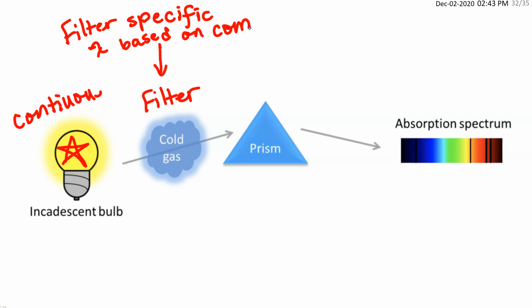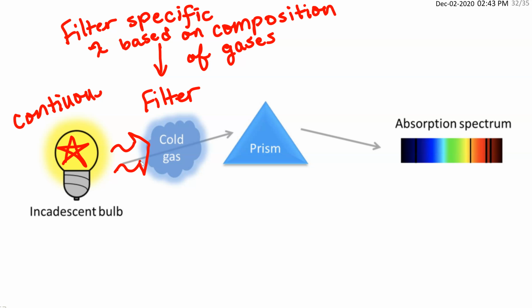Now we have to keep in mind that most stellar gases are composed of hydrogen and helium. So they're going to absorb things in the hydrogen-helium range. But we still pass that whole light. Remember, we've got the whole light here. It gets filtered a little bit. It diffracts just like the continuous spectra until we get the absorption spectra.